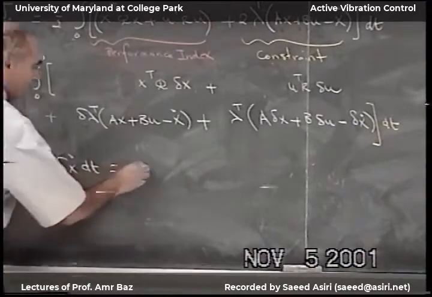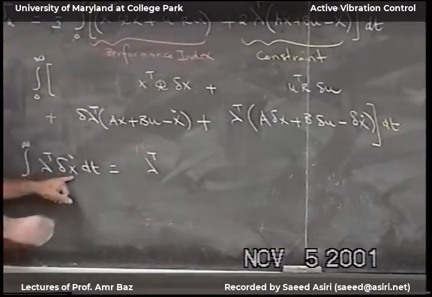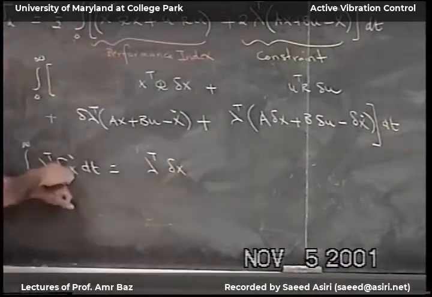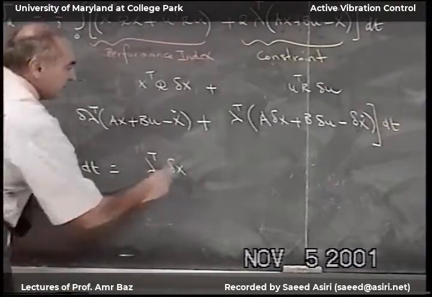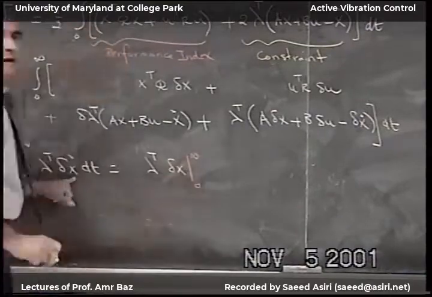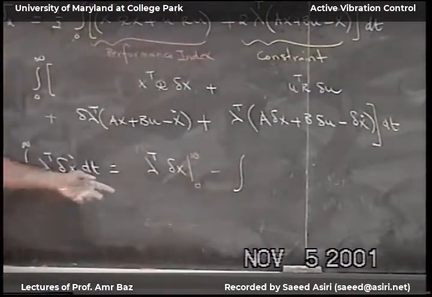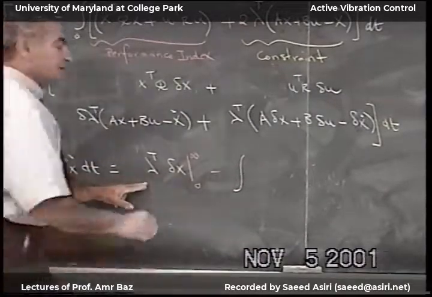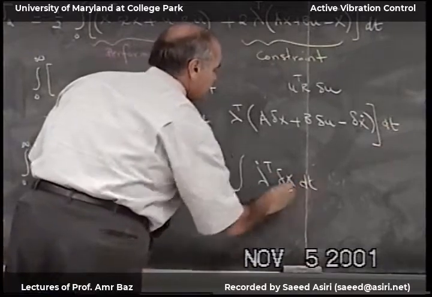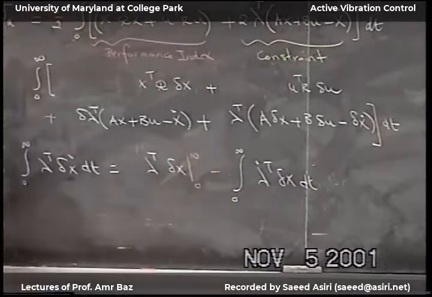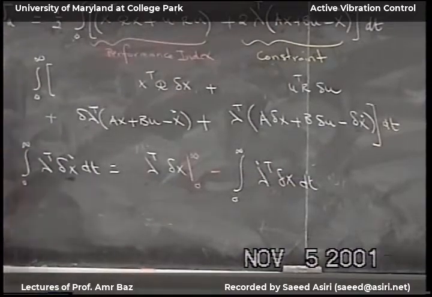So this will be the integral of this, which is del X, times the first, and then put the limits, and then minus the integral of whatever I integrate times the derivative of the first: lambda dot transpose del X dt, 0 to infinity. I'm going to plug this here.